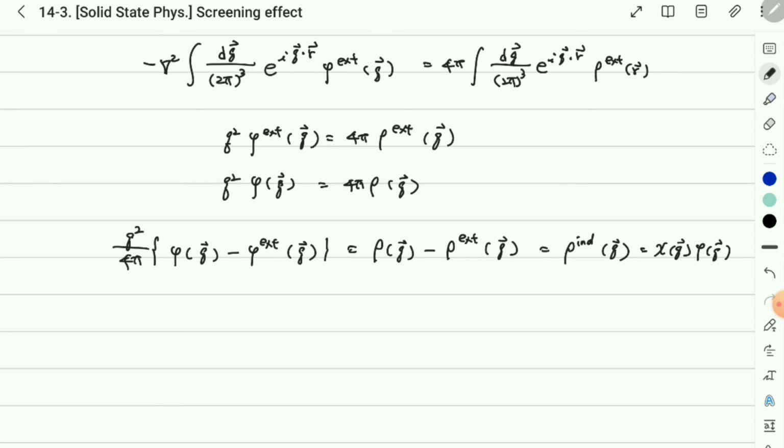Therefore, by using this, let's combine the phi q terms together. Here q squared over 4 pi minus chi, times phi q, equals q squared over 4 pi times phi external potential.